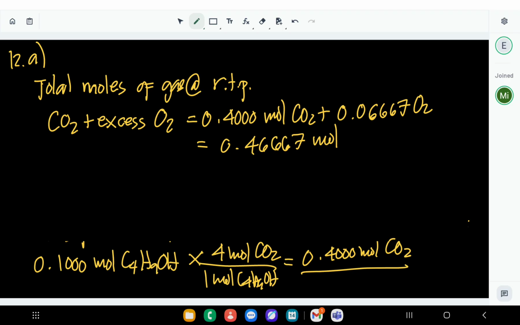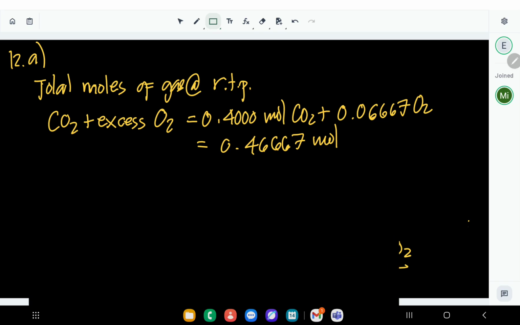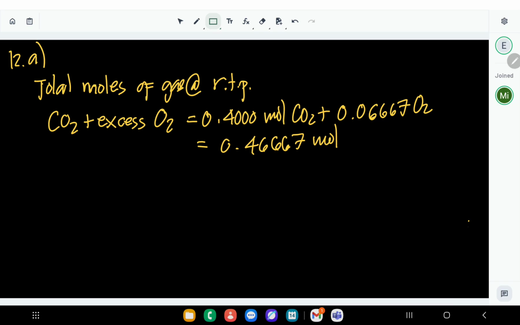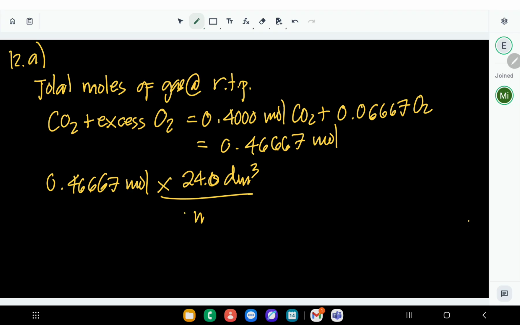So the volume here, we can just multiply that by the given molar volume of gas at room temperature. So we multiply 0.4667 mole times 24 cubic decimeter per mole.